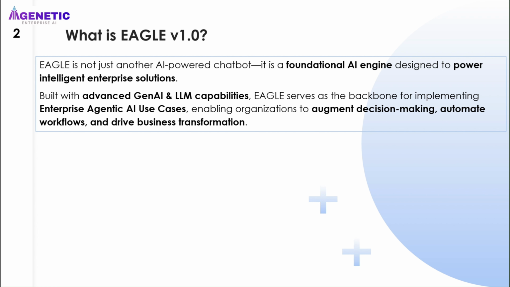It is to enable enterprise AI agentic use cases. Built with advanced GenAI and LLM capabilities, Eagle serves as a backbone for implementing enterprise agentic AI use cases, enabling organizations to augment decision making, automate workflows, and drive business transformation.